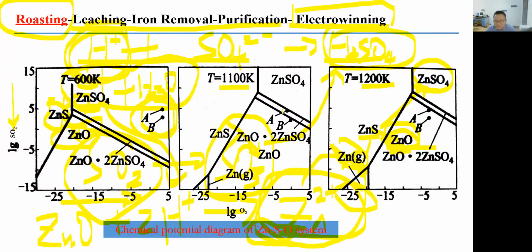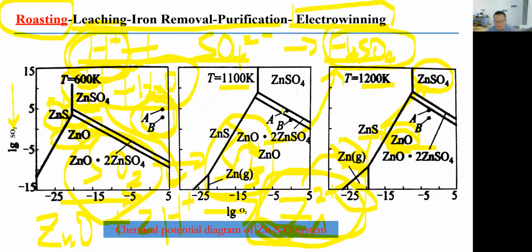I would say points A and B are taken from industrial practice, and the temperature can be monitored and adjusted with a cooling system, because the roasting process releases a lot of energy which should be cooled down with water.